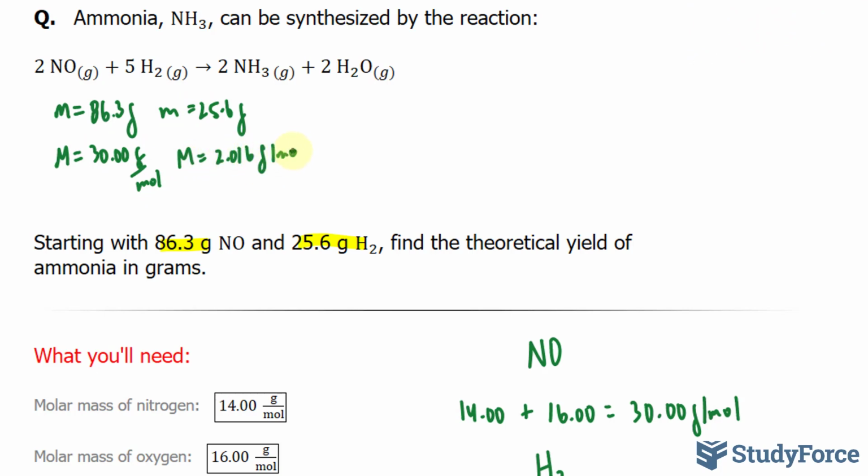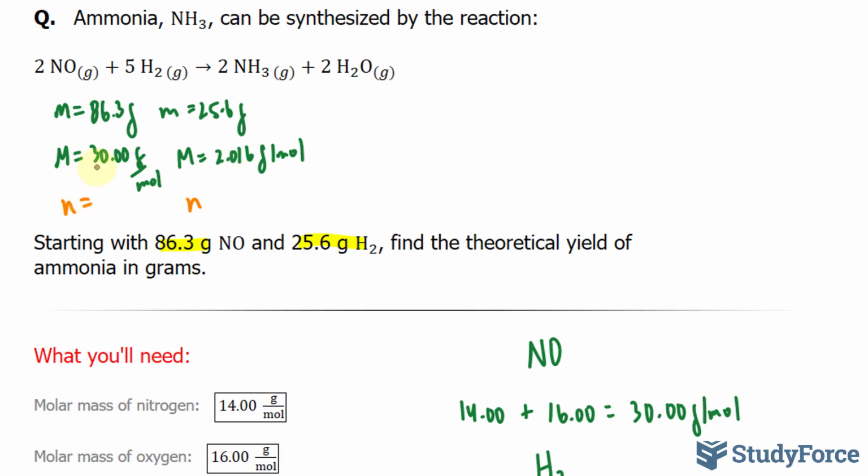2.016 grams per mole. To find the number of moles for each of these, what I need to do is multiply the amount of grams with the reciprocal of these two fractions. Notice that this fraction and this fraction have grams over moles. Instead of grams over moles, I'll multiply it by 1 mole over the amount of grams.